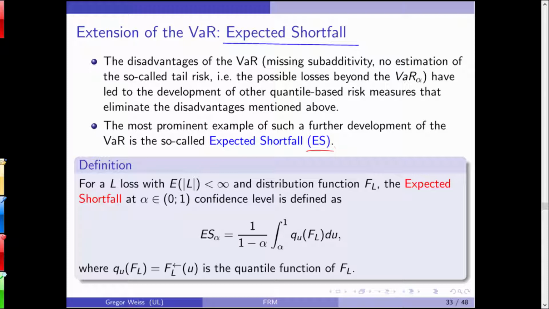Here you can see this is again the generalized inverse. You take the integral of the quantile function and then you weight it with 1 over 1 minus alpha. This is, I would assume, the most general definition I can give you.